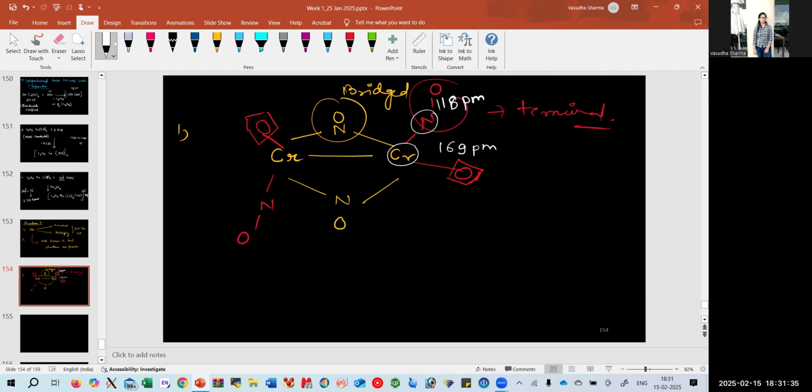Whereas the bridged one is a bit more elongated, at 196 picometer, and similarly here the N-O distance is 119 picometer, which is not much difference, but the distance between the metal center and the nitrogen has increased. The bond angle of NO is 176 degrees.